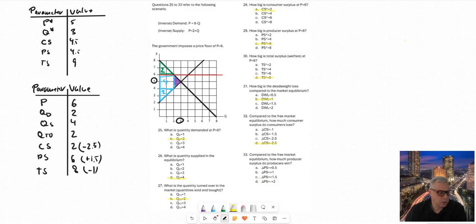They win only 1.5, which is why there must be a deadweight loss of 1. Okay, so now we have seen that a price floor leads to a reduction of economic activity and therefore to a reduction of welfare.